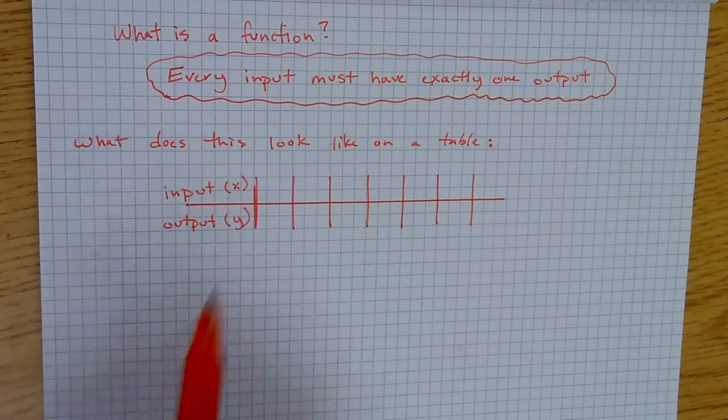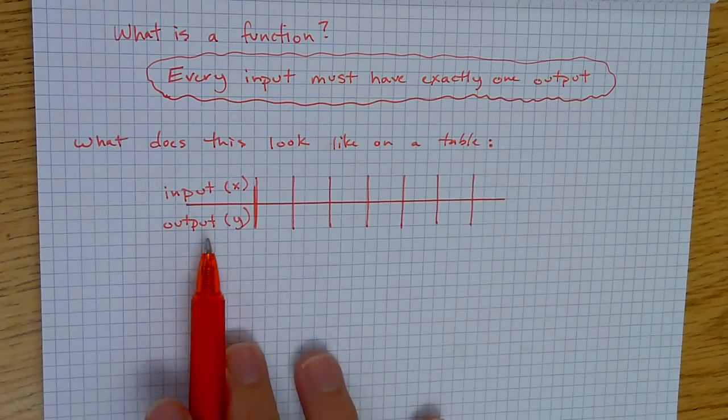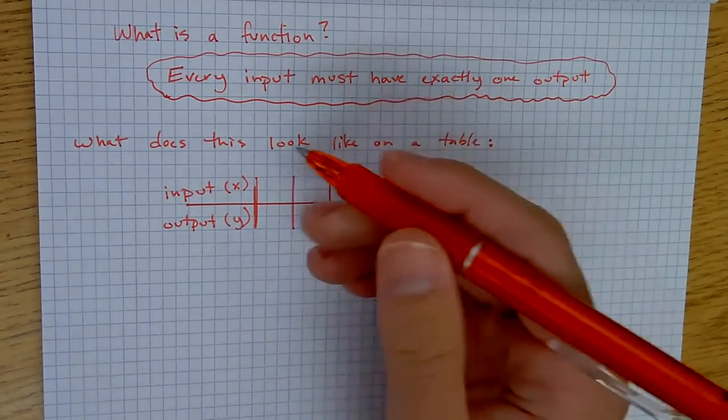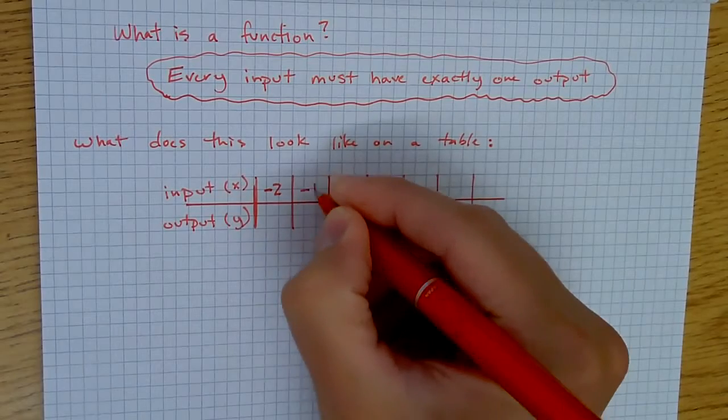So we normally have our X values and our Y values. Our X values are always our inputs. Our Y values are always going to be our outputs. Okay, so if I just kind of make up some numbers.